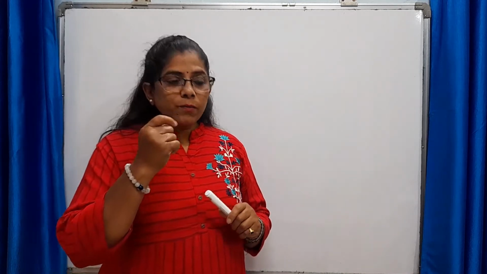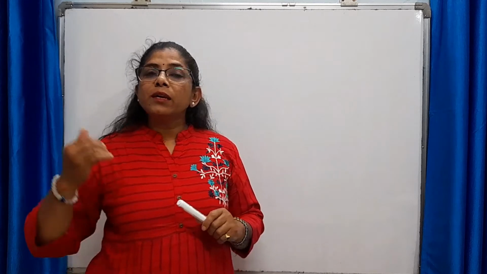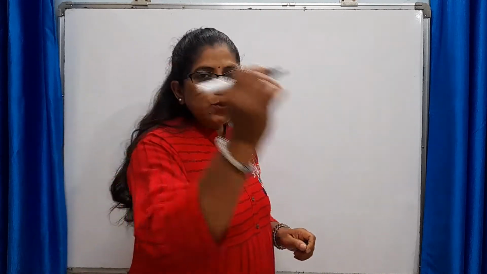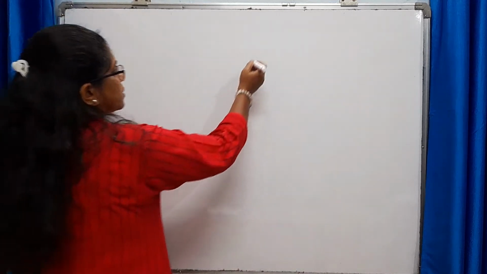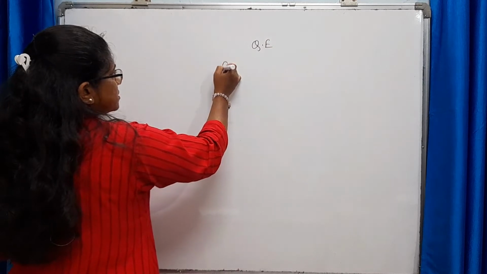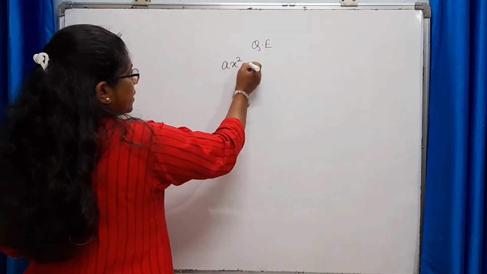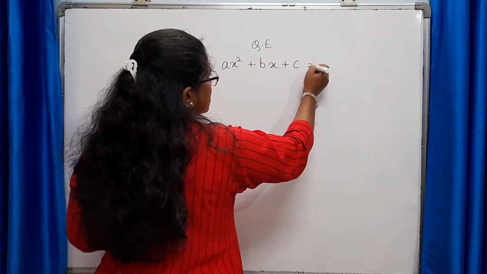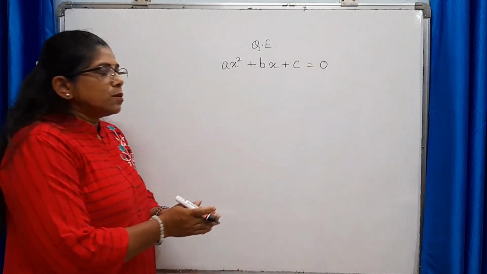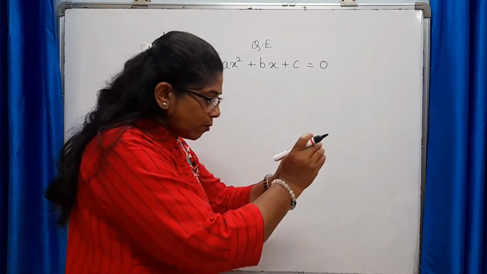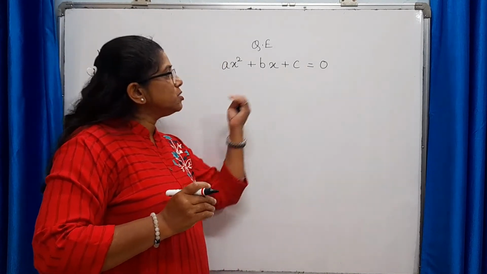So what is the formula to get the roots, to get the values of the variables? We know the general form. The general form of any quadratic equation is ax square plus bx plus c is equal to 0. So the very first thing we have to do is write the given equation in the general form.